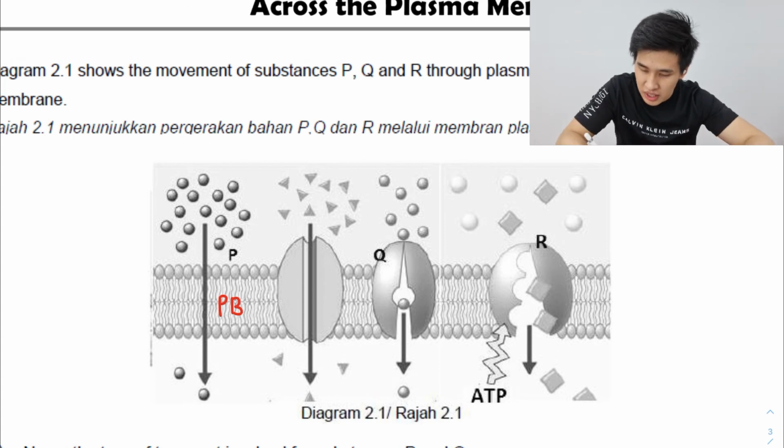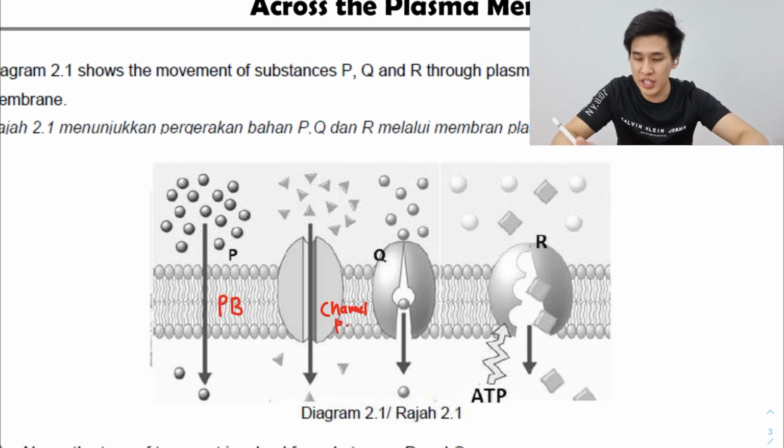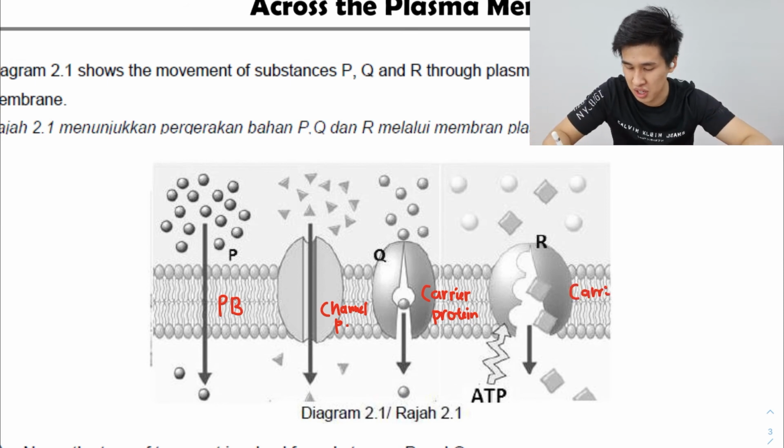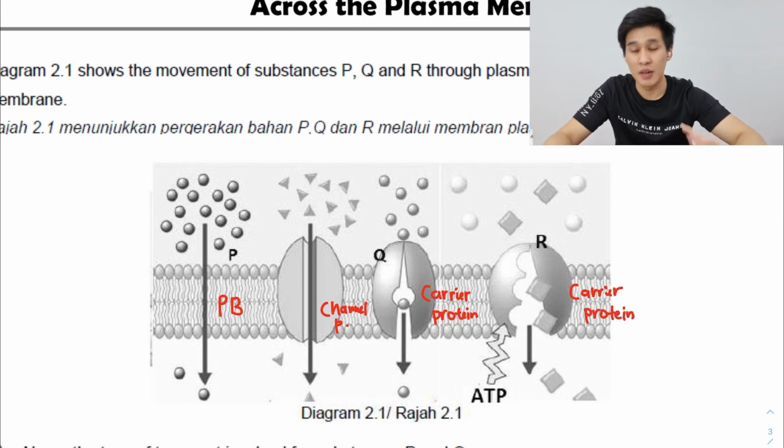That would be the channel protein. And the one that actually can move, that is the carrier protein. And the last one you can see also there is movement, there's shape change, that is also definitely the carrier. Once you know the parts, it's going to make your life much easier.